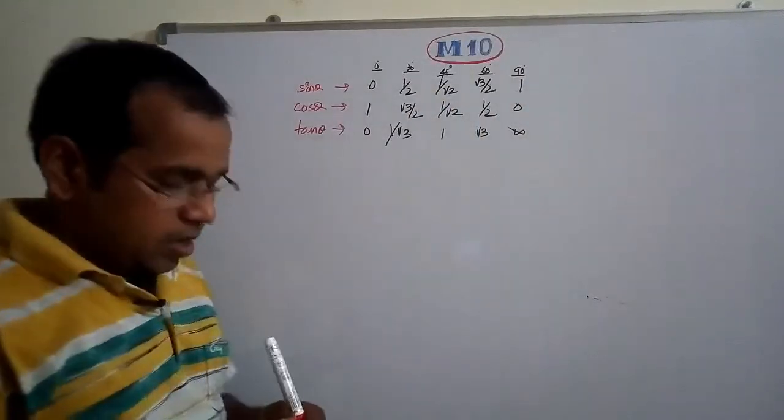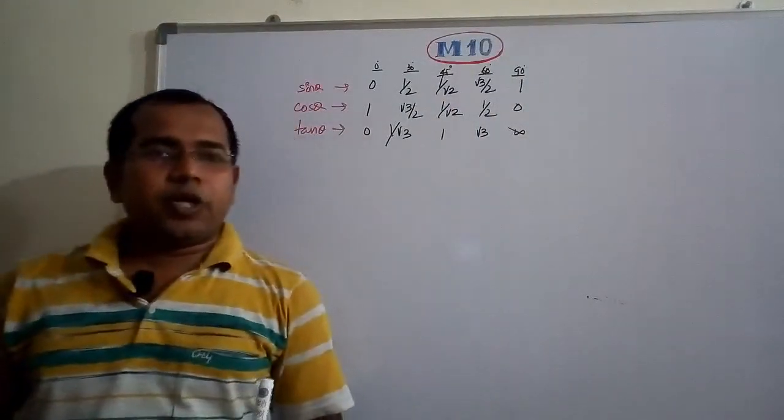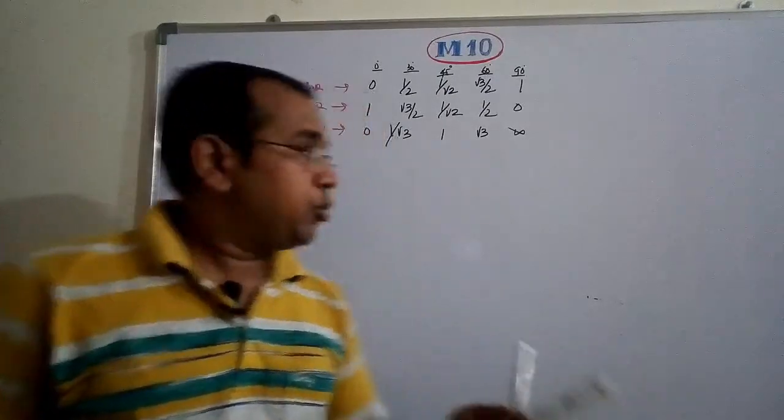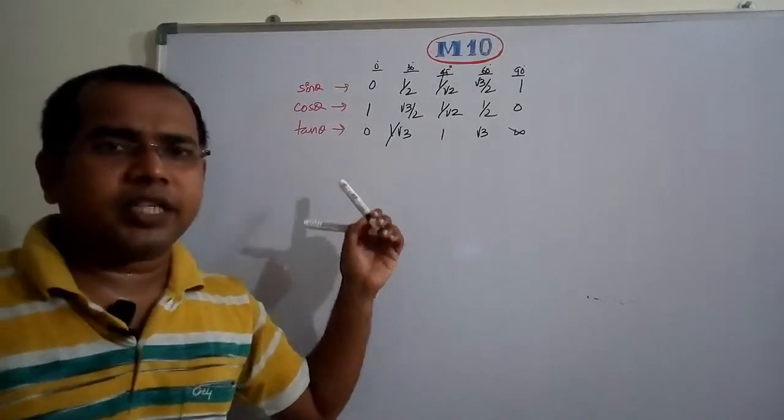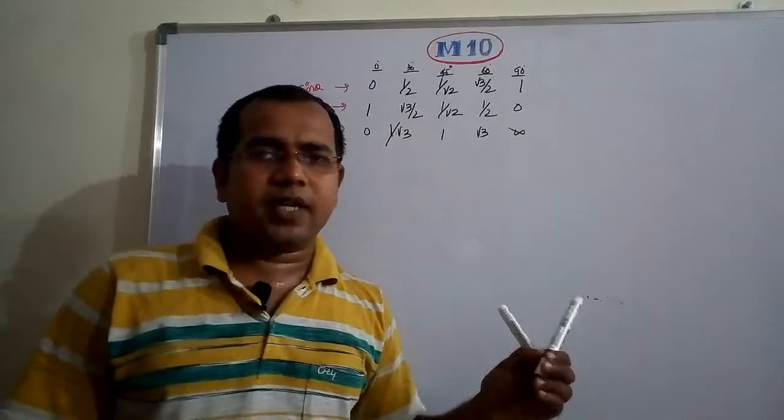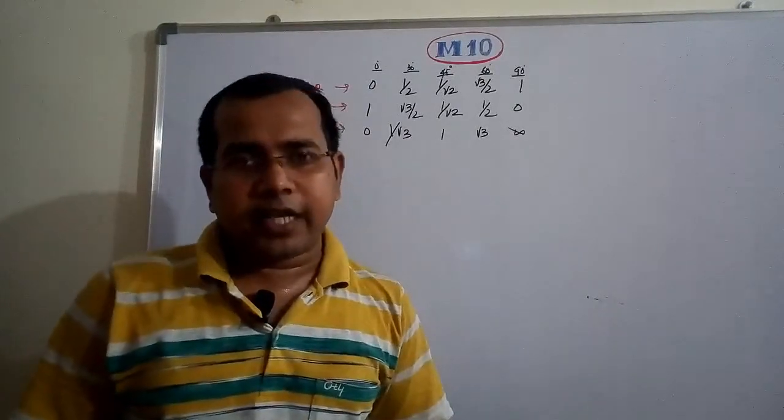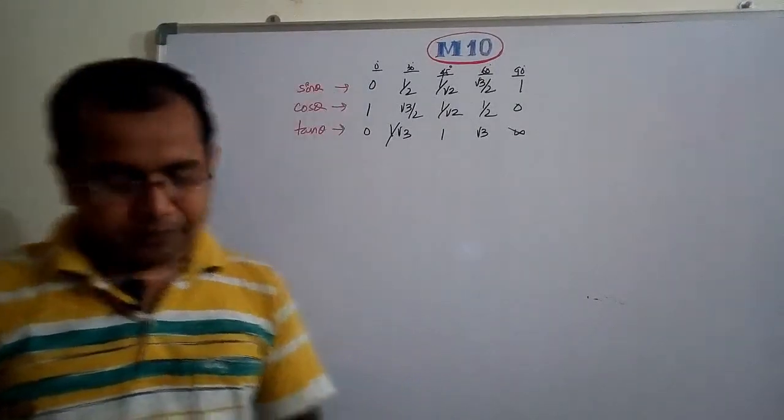Okay, so students, as I have already told you, if there are questions on these trigonometric ratios for specific angles, it's just like put the values and get the answers. So let us solve a question.